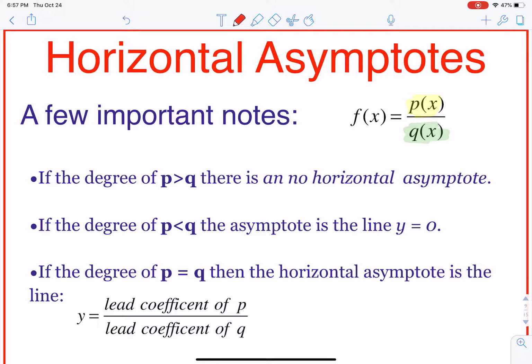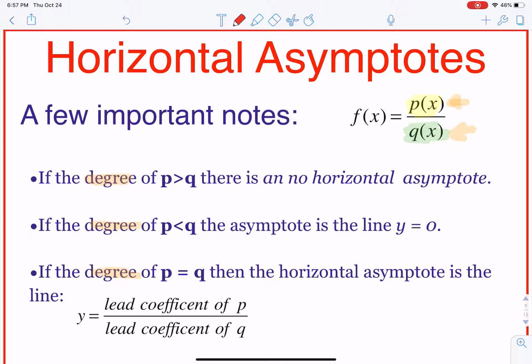When I'm looking here, it's important to note that I'm talking about the degree of these functions, not the functions themselves. If the degree of the numerator, the top function, is larger than the degree of the denominator, then there's no horizontal asymptote.